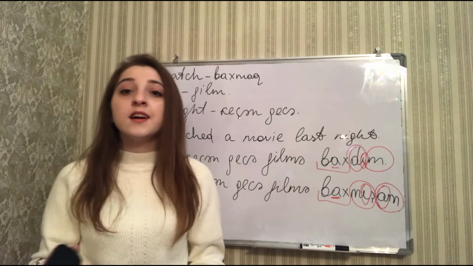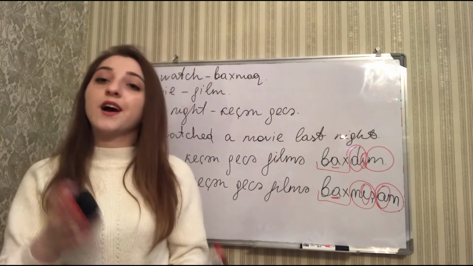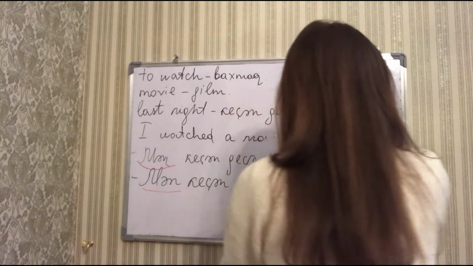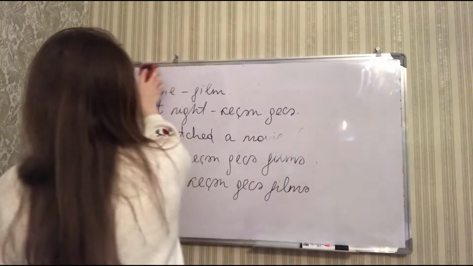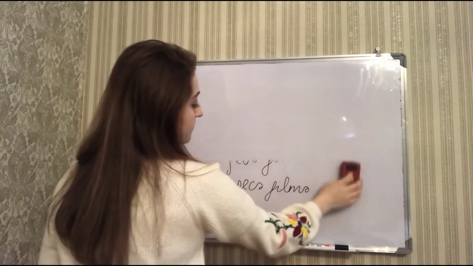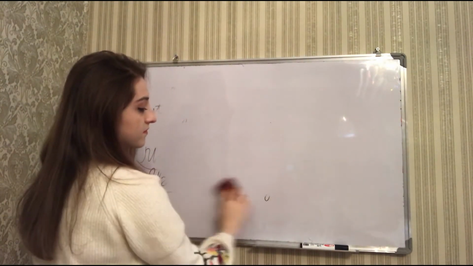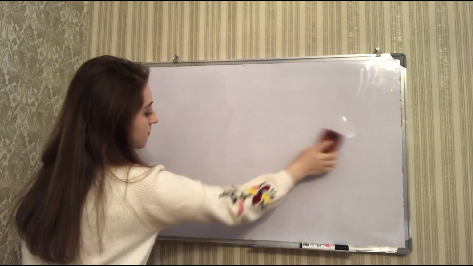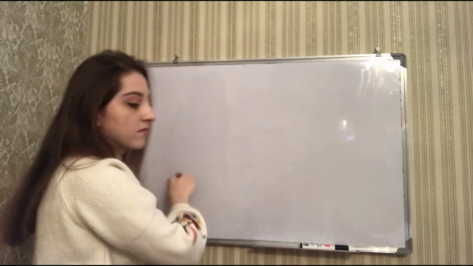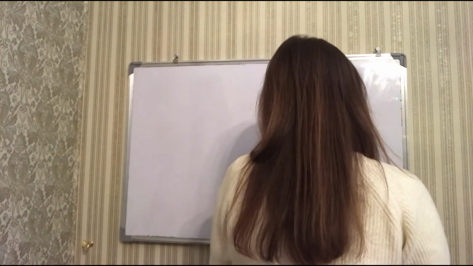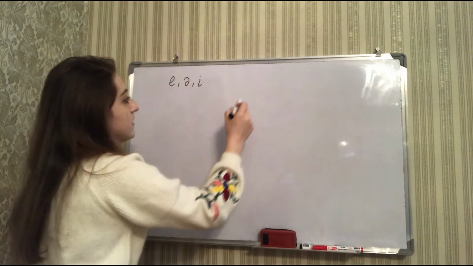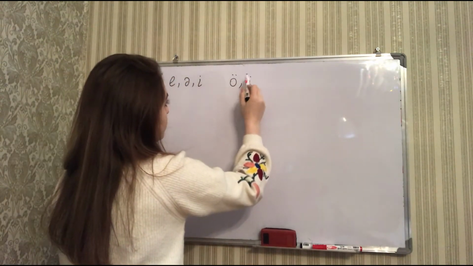Now let's look at how we can change the suffixes with soft vowels. So, soft vowels e, i, and ö.